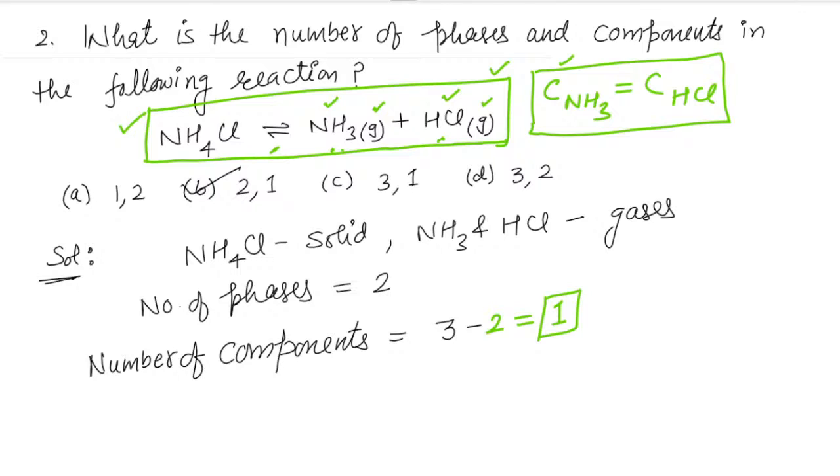That's why the stoichiometric coefficients of ammonia and HCl are the same. If they are not in the same phase, that is not gaseous, then the situation is different. That we will discuss later on. Because ammonia and HCl both are gases, that's why components is 1 only.